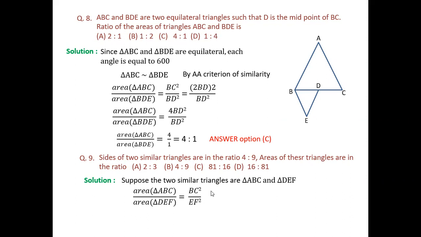This is the theorem. Now, the sides are given as 4 and 9. So BC is 4 and EF is 9. Let's put it, 4 square upon 9 square. It is 16 upon 81. So the ratio is 16 is to 81. That is option D. So the answer is option D.